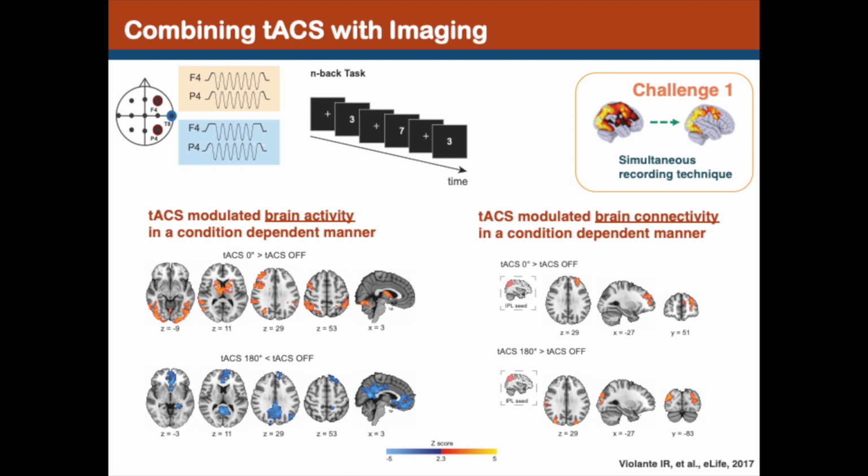Theta is involved in working memory. It's this frequency that people have associated again and again with working memory. People have also shown that when you look at working memory patterns of activity, you have this really nice frontal parietal network being involved in working memory tasks.